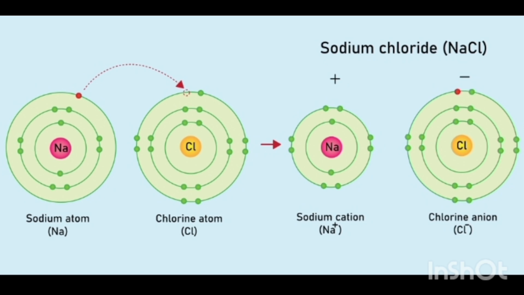Exactly. Think sodium 1 dot, chlorine 7 dots. So sodium just hands its one dot to chlorine. Spot on. Sodium becomes positive, a cation. And chlorine becomes negative, an anion. And positive plus negative creates this incredibly strong electrostatic attraction. That's the ionic bond. So metals and nonmetals transferring electrons completely. Visualize it with the Lewis dots, and you've got ionic bonding down.